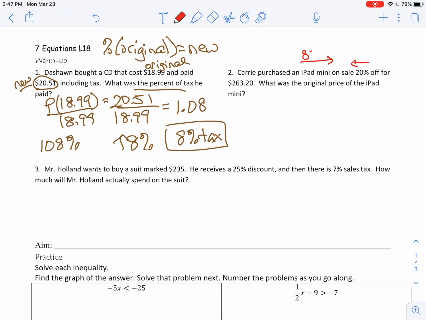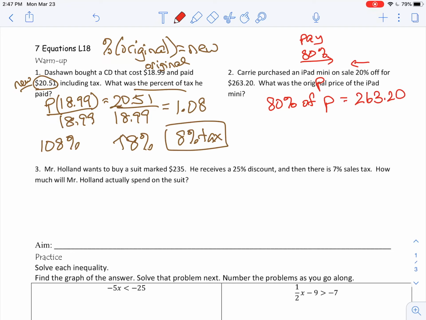Purchase an iPad on sale for 20% off. And so if it's 20% off, of course, that means that we're going to pay 80%. What was the original price of the iPad mini? So percent, 80%, times the original, which is what we don't know. Let me write it so it's easier for you. We're going to write this as price.